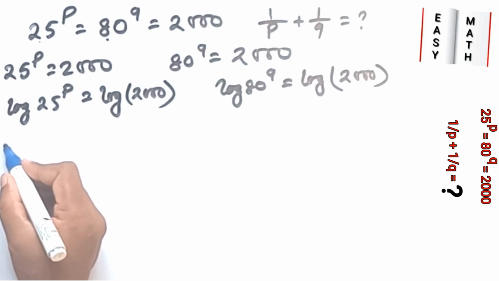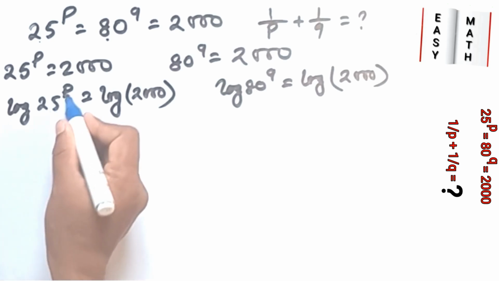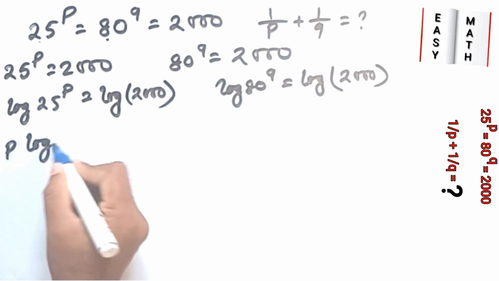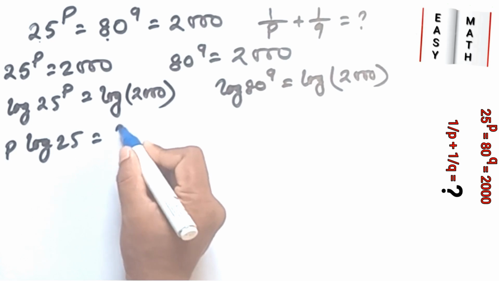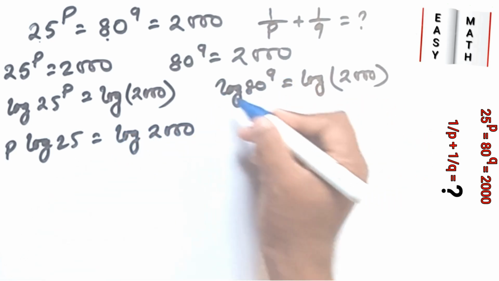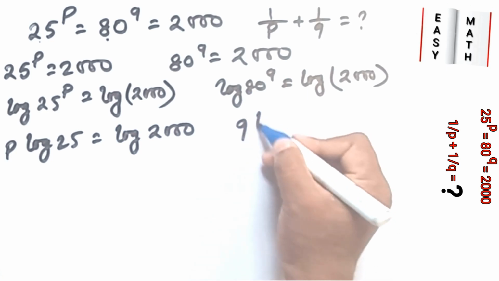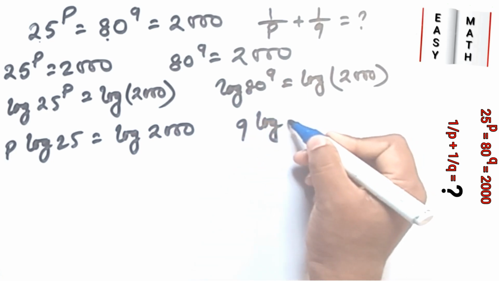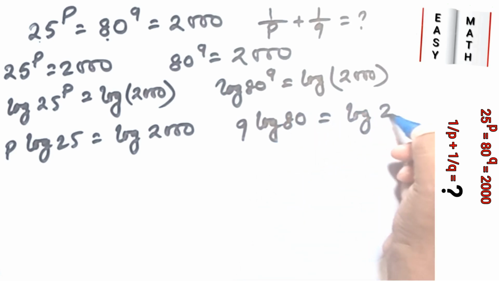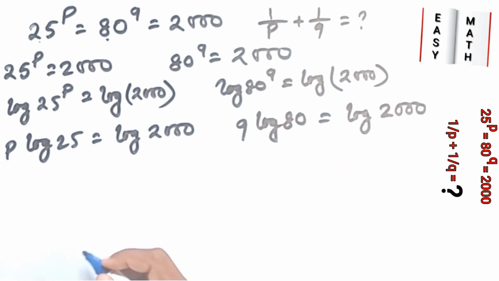And now, p log 25 is log 2000, and q log 80 is log 2000.